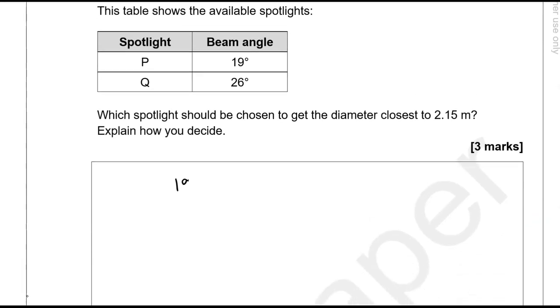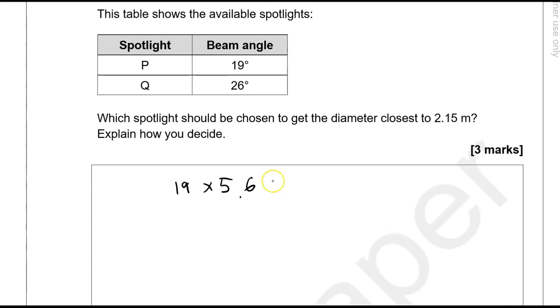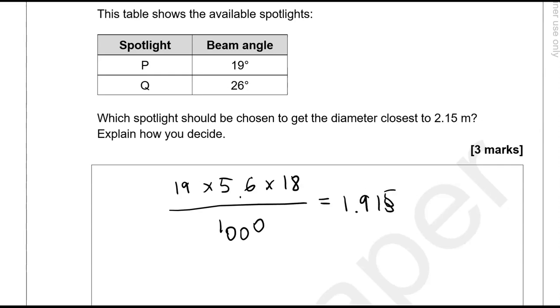So 19 times 5.6 times 18 divided by 1000 is just 1.9152.